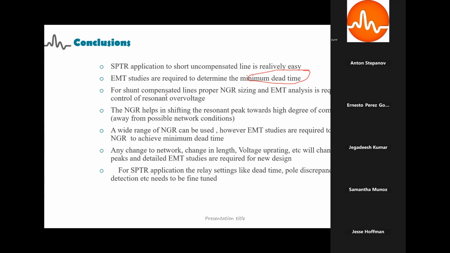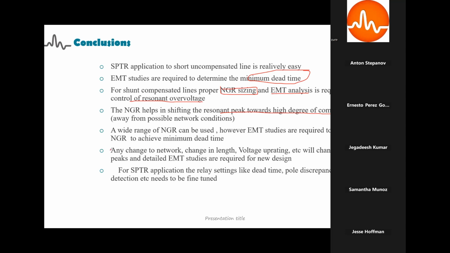And when it comes to a shunt compensated line, to size the NGR, again we need EMTP analysis so that proper sizing can be done, and also we can control the resonant overvoltage by properly detuning. The NGR helps in shifting the resonant peak towards a high degree of compensation.